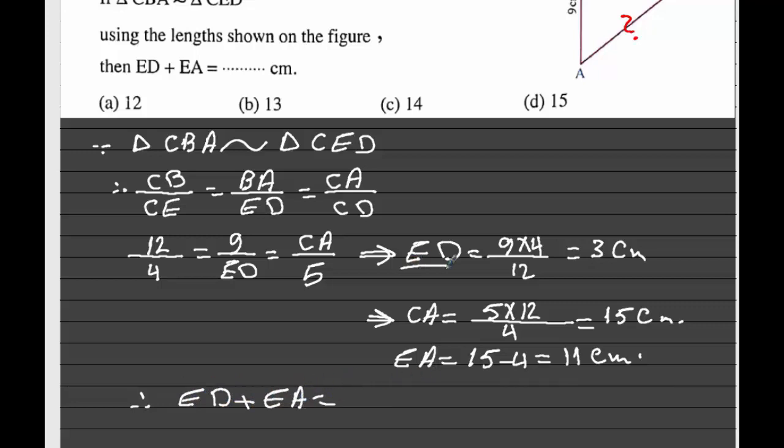ED equals 3, I write 3, plus EA equals 11, and their sum equals 14 centimeters, and we choose letter C.